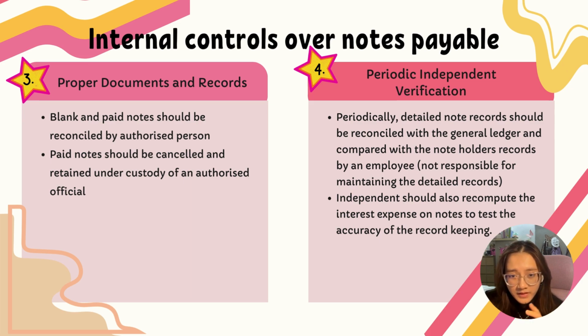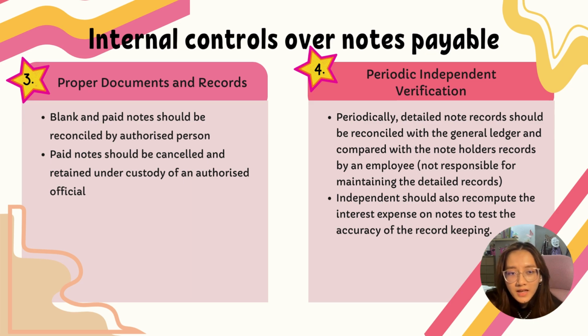And for the cancellation and retention of paid notes, once a note is paid off, it should be clearly marked as paid or cancelled. This involves stamping the note or marking it in some other definitive way to ensure it cannot be reused fraudulently. The retention under custody of an authorized official is important because the notes should be retained securely under the custody of an authorized official.